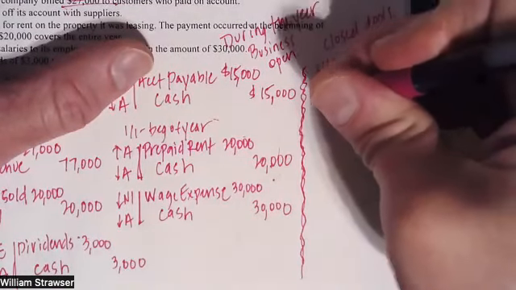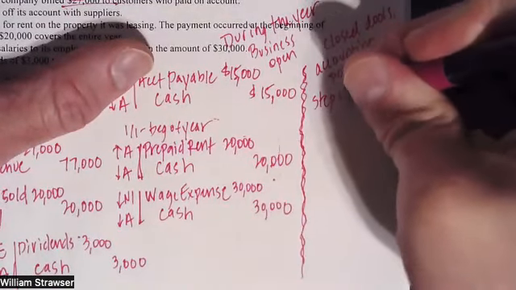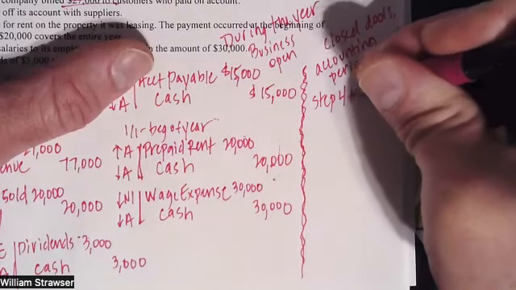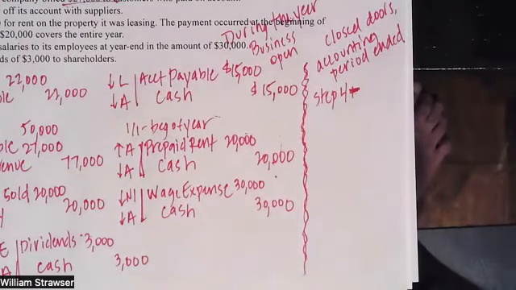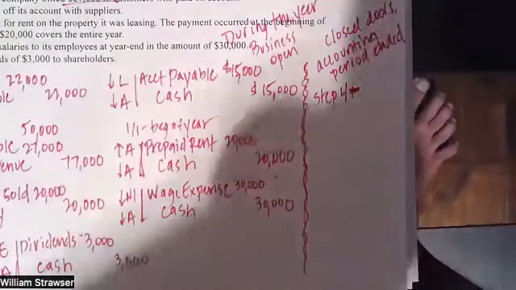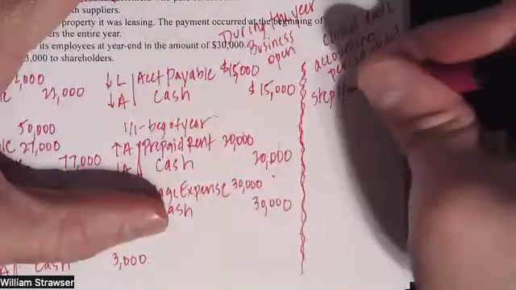This is when we have step 4 plus. So basically steps 4 through, oh gosh, I even forget how many official steps there are in the accounting cycle. Four, five, six, seven, there's 8. Okay.